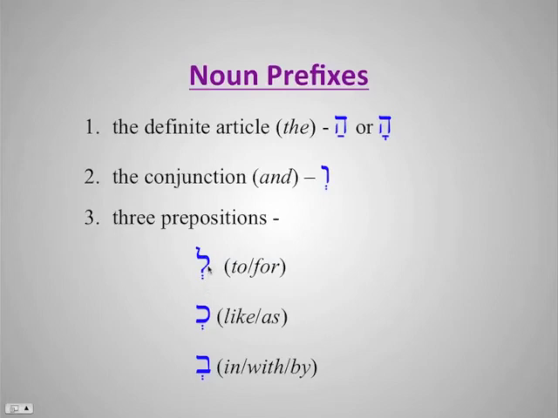So the lamed, when it's one of these prefix prepositions, translates to either the words to or for in English. So la, as a prefix, can mean either one of these words. And the prefix ka, kaf with a simple shava, means either like or as.